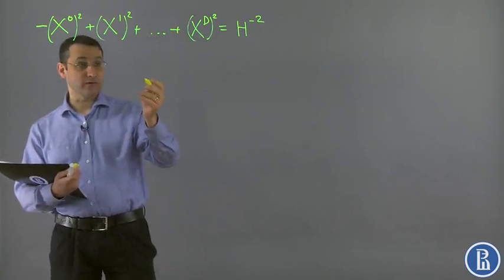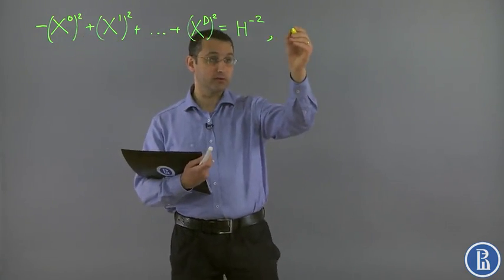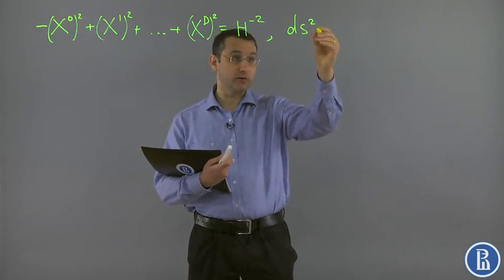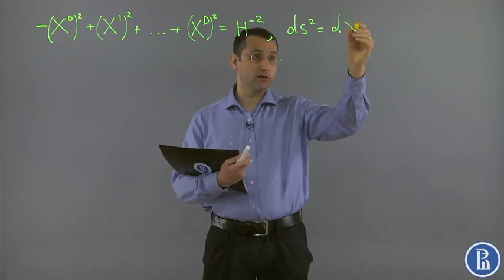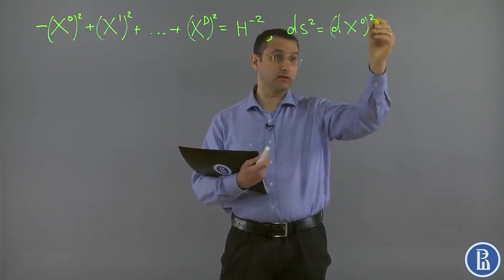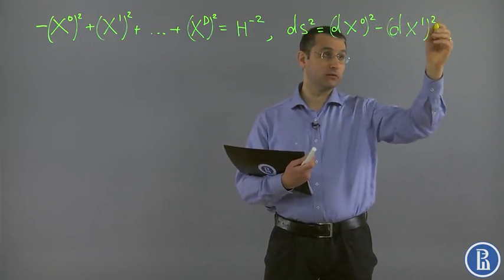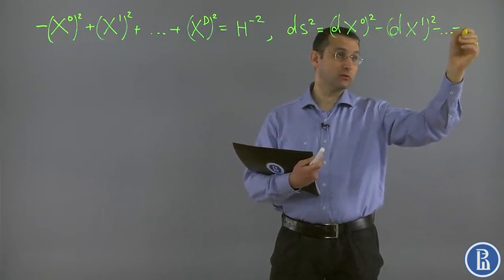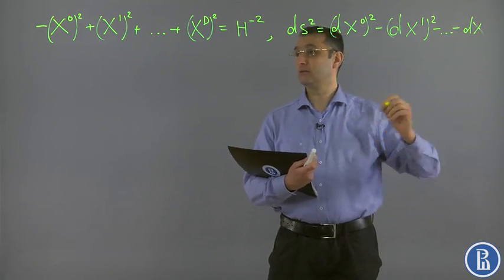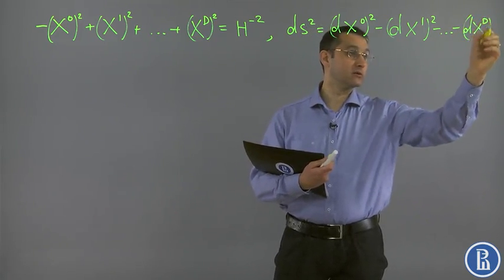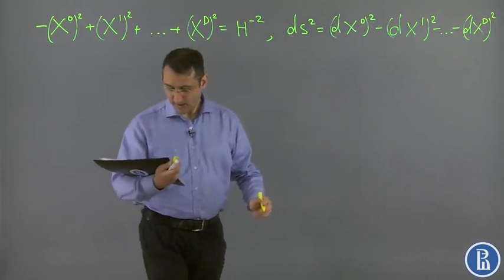For example, this hyperboloid is embedded into the space with the signature dx0 squared minus dx1 squared minus ... minus dxd squared.